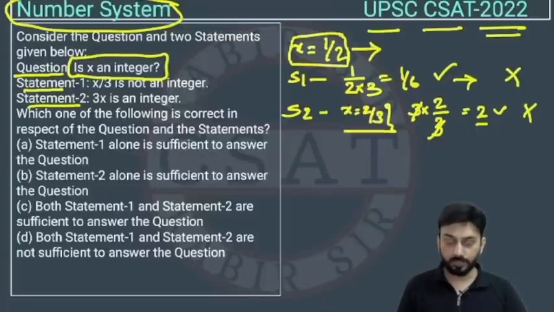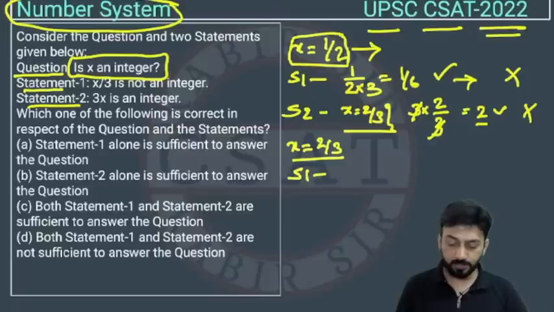Now suppose both, now we have to take some value of x such that both statement first and second get satisfied, right? So suppose I am taking a value of x as 2/3, ठीक है. Now first statement 1 में क्या है, x/3 is not an integer, so (2/3) upon 3, so 3 will come here, so this will become 2/9.